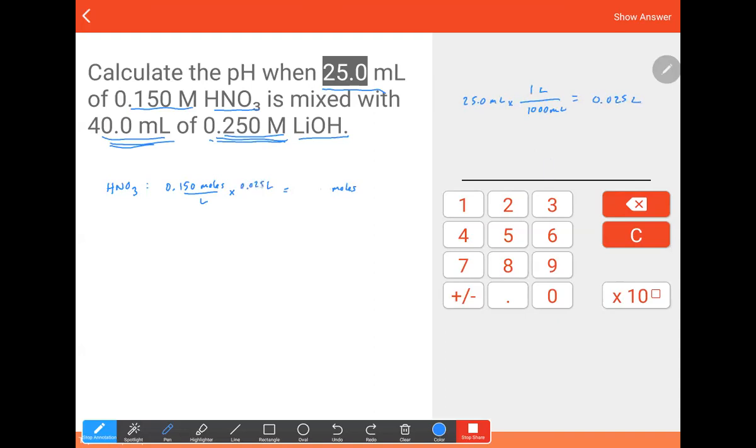So 0.15 times 0.025 tells me how many moles of nitric acid I have. So let's do that calculation. 0.15 times 0.025, I get 0.00375.